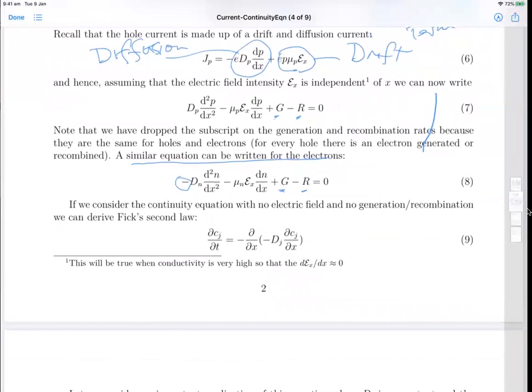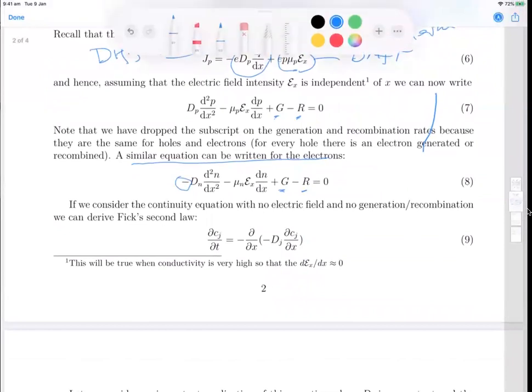If we get rid of the electric field intensity, so we say there's no electric field, meaning that we can get rid of this term here, that then leads to this equation, which is known as Fick's second law of diffusion.